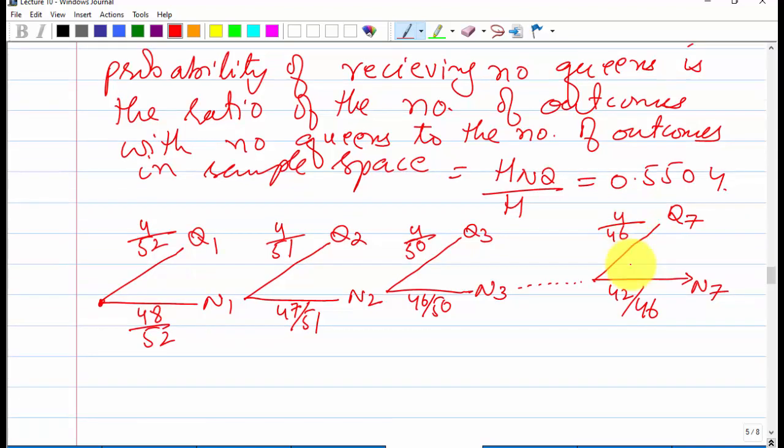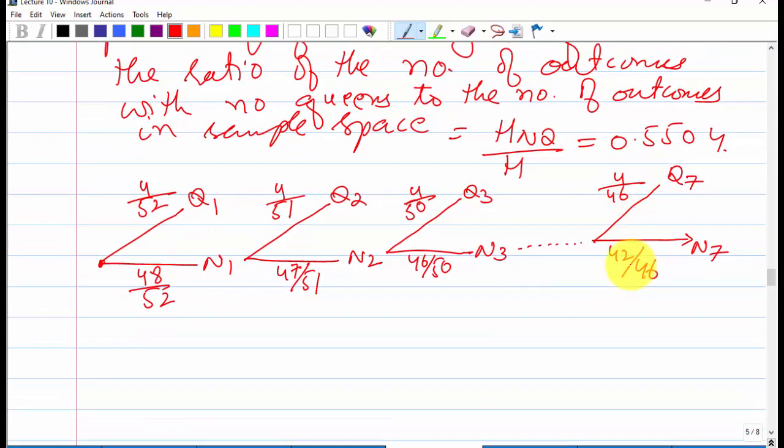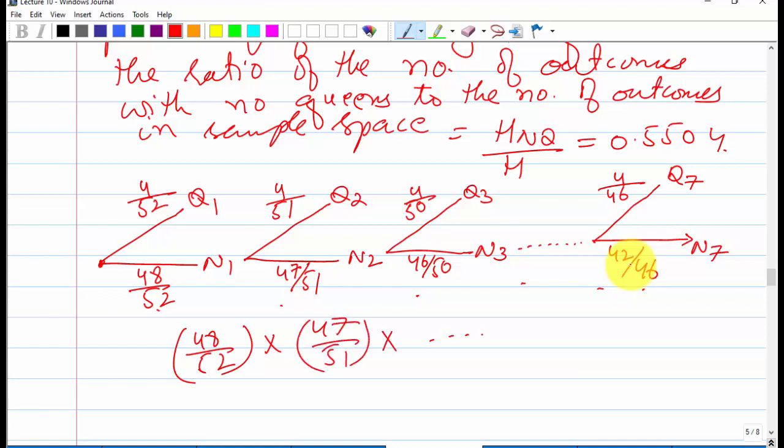So the probability of having no queen in the 7 cards is simply the product of all these probabilities: 48 over 52 times 47 over 51 and so on up to 42 over 46, which is again approximately 0.5504. I hope you have understood sampling without replacement, the combination and the permutation, and how we can use them to calculate the sample space.